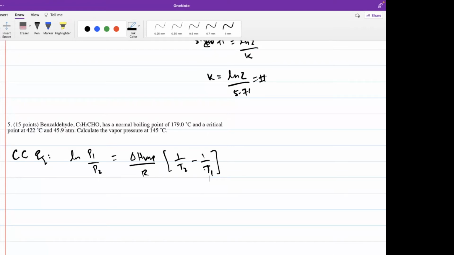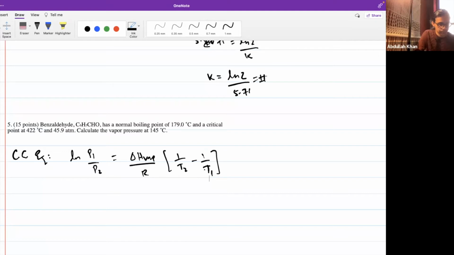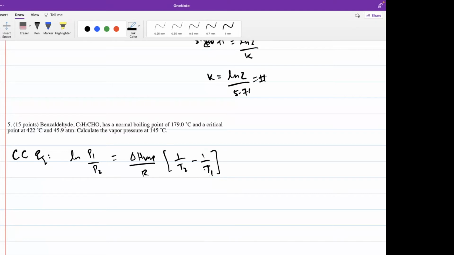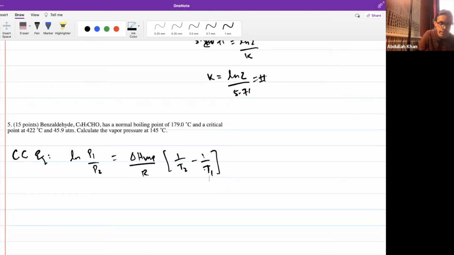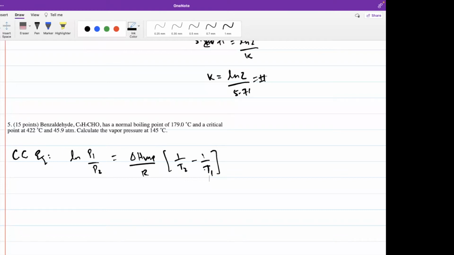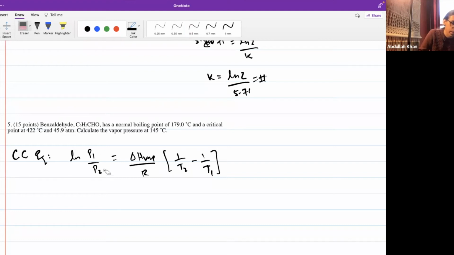You know how in this equation you could do ln of P2 over P1? If you do it that way, is it a negative constant? Actually, never mind. I thought this equation was P2 over P1. Oh, yes, it is. I'm sorry, you're right. It is P2 over P1.